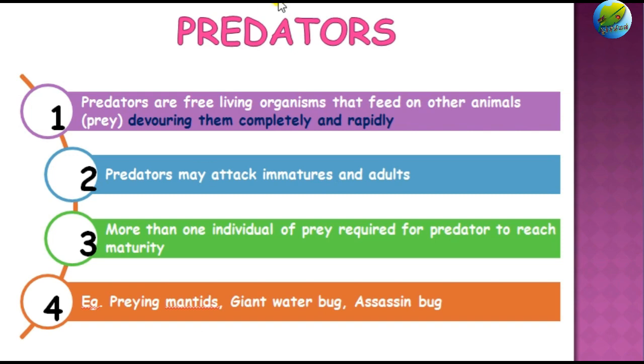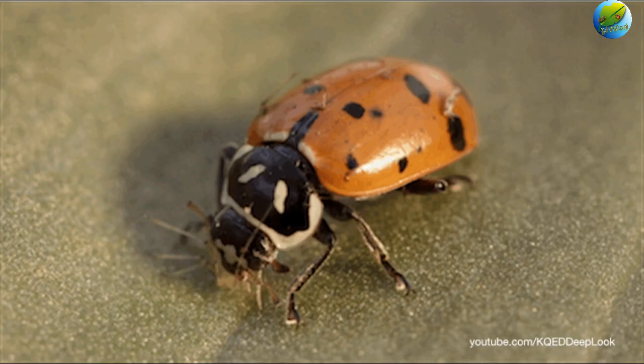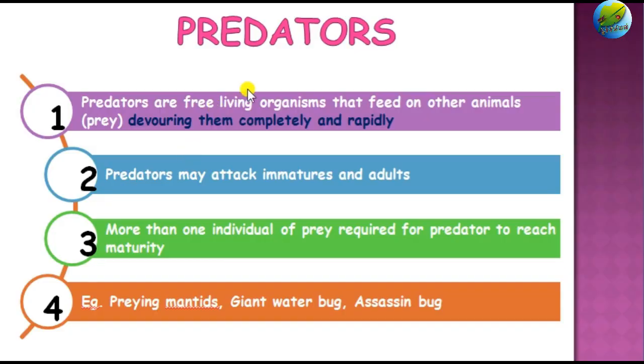Predators are free-living organisms that feed on other animals, their prey, devouring them completely and rapidly. Predators may attack the immature and the adults. More than one individual of prey is required for a predator to reach maturity. The major insect predators are praying mantids, giant water bugs and assassin bugs.